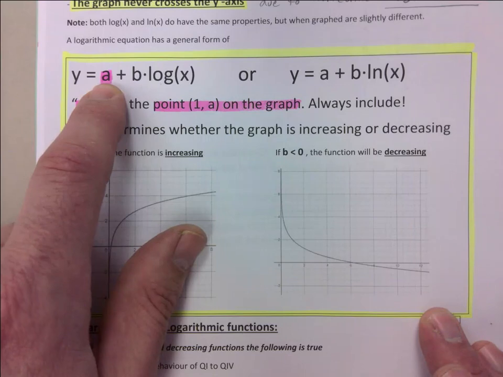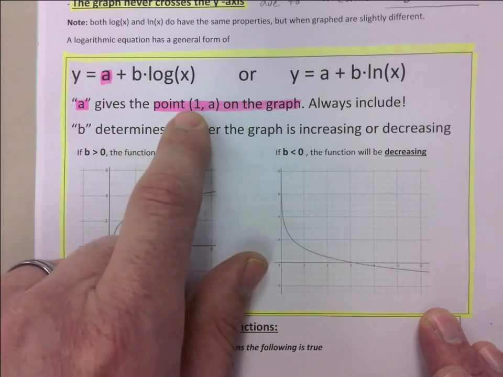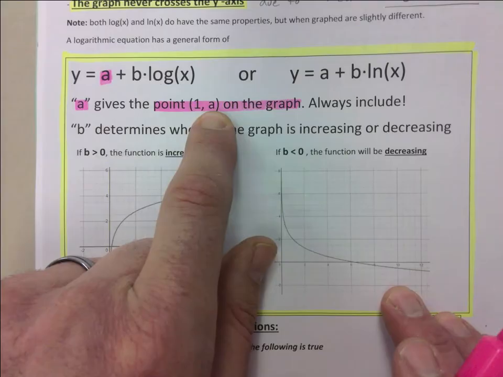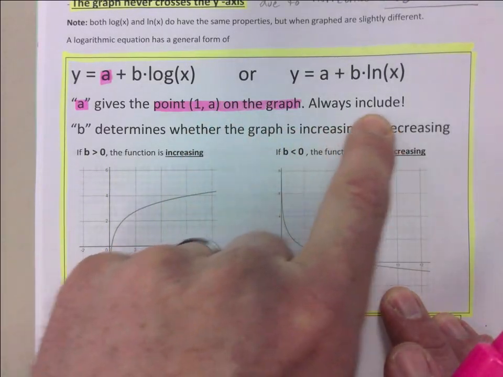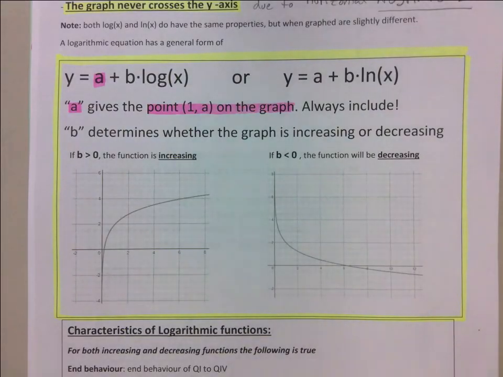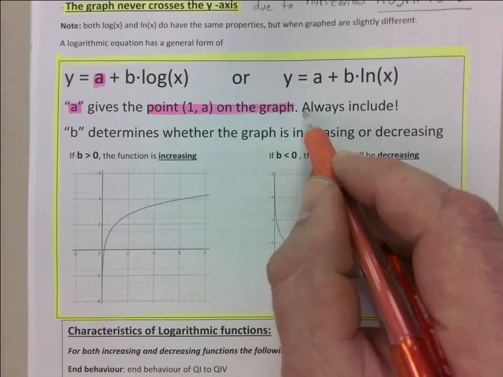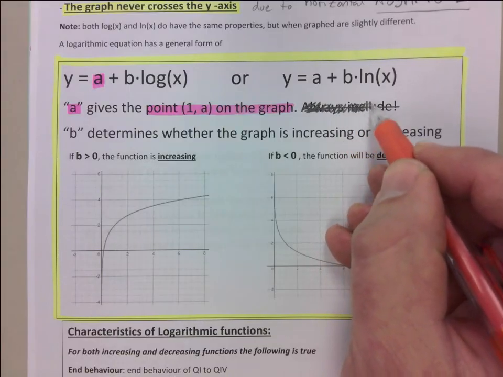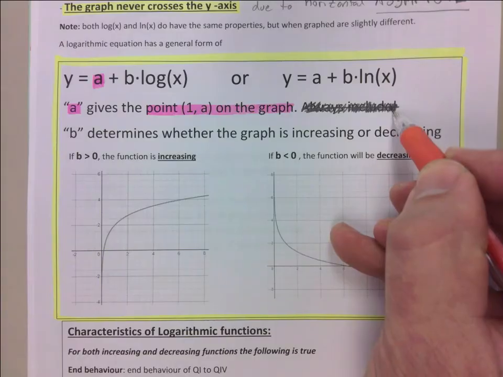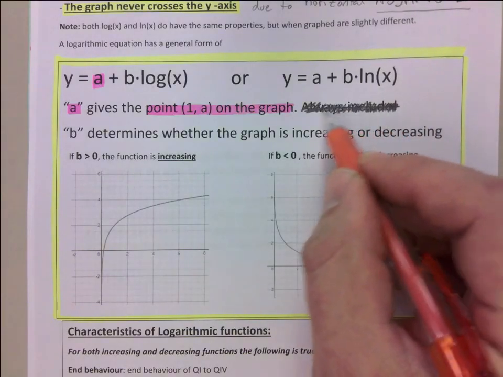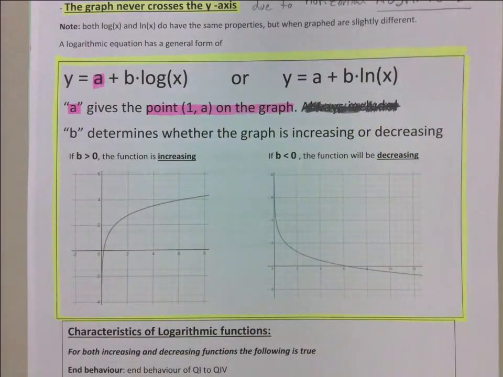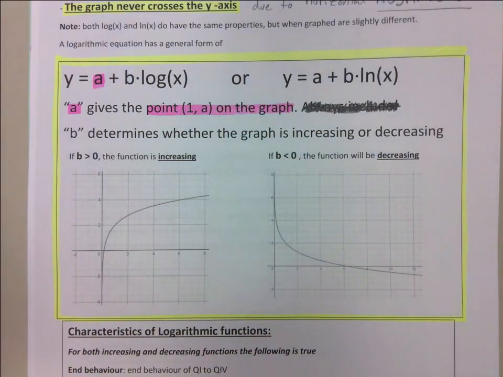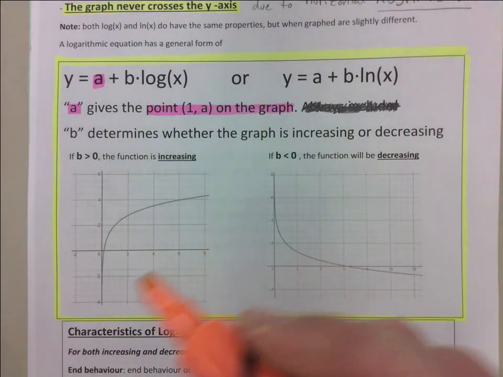If this is negative 500, then you know that one of the points on this graph is going to be (1, negative 500). Yeah, 500. I will cross out "always" because it's not true when it's a word problem. I'm going to ask you to please use "always" very carefully. Don't say always unless it's always. So I'll just say that is true: (1, A) is always there.